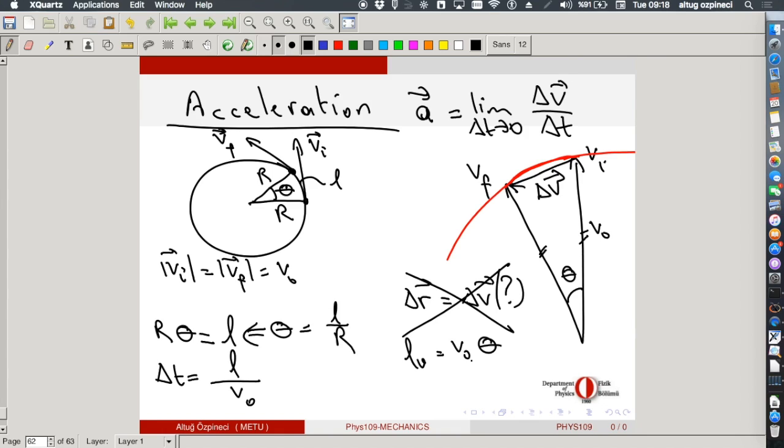Now, what about the magnitude of delta V? Because we want to find the acceleration, both the magnitude and direction. So let's first study the magnitude of the acceleration. The magnitude of the acceleration will be the magnitude of delta V divided by delta t. So what is the magnitude of delta V?